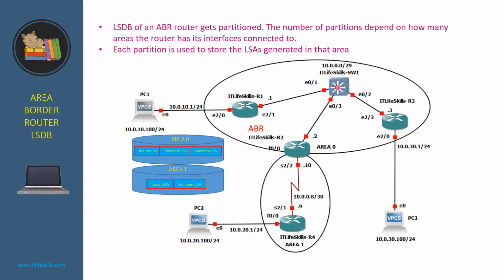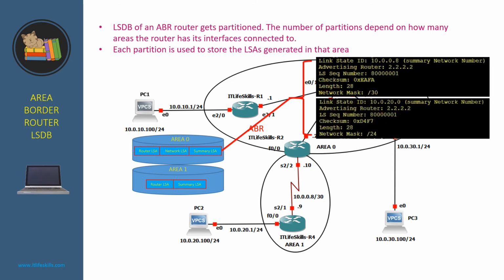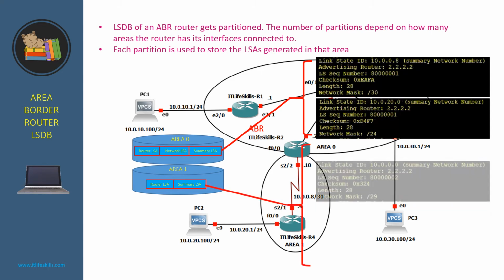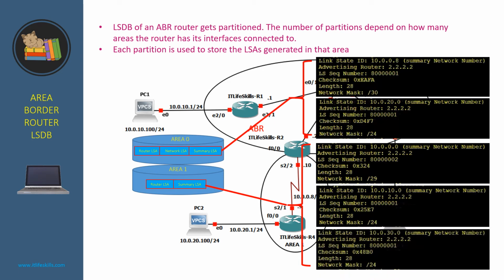The summary LSA in area 0 is to tell the routers in area 0 about the summary subnets in area 1. The summary LSA in area 1 is to tell the routers in area 1 about the summary of the subnets in area 0.